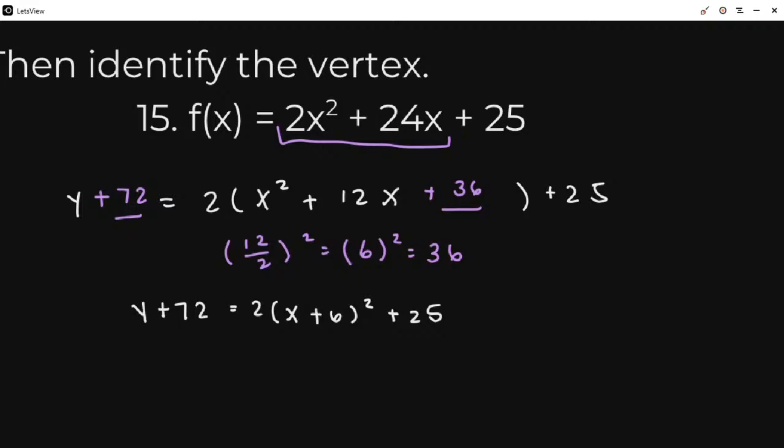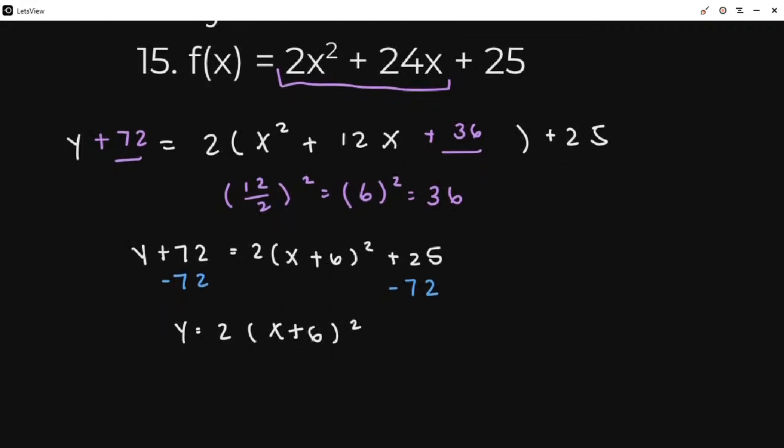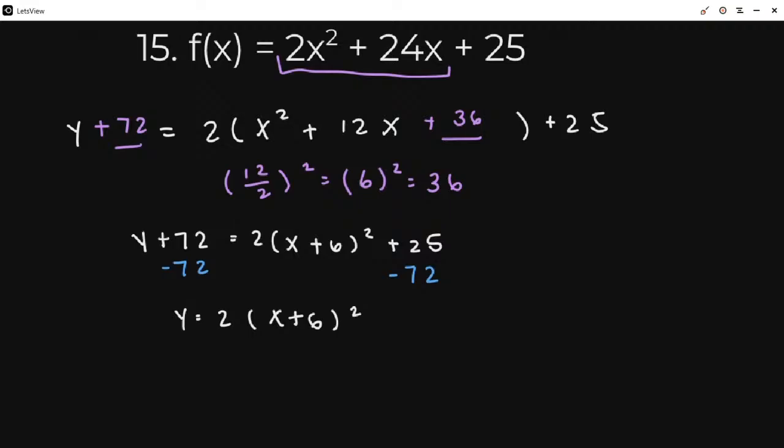So then I'm going to subtract 72 on both sides. So we get y equals 2 times x plus 6 squared minus 47. So that means the vertex is the point -6, -47.